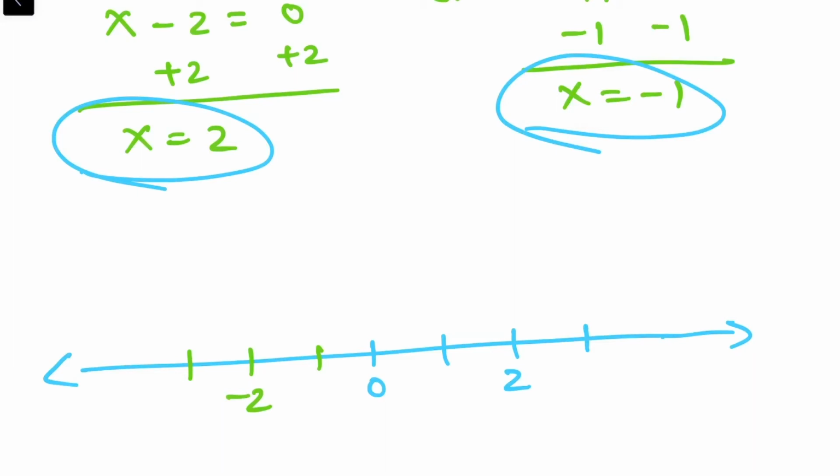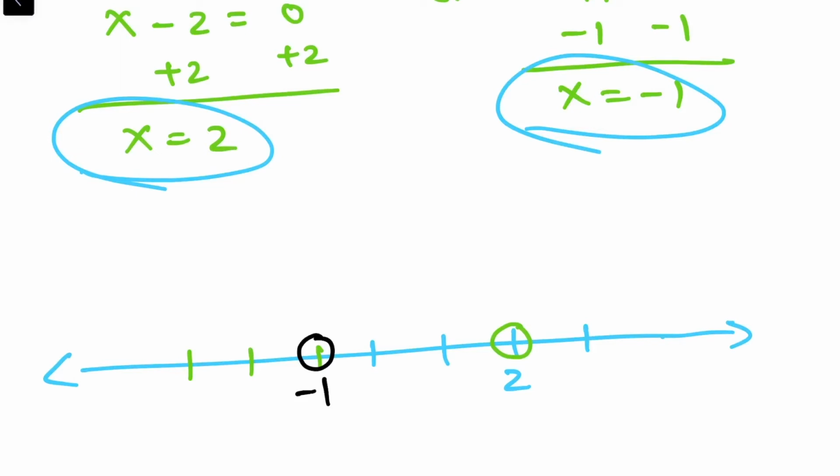All right, so now we have 2 and we have negative 1. Okay, 2 and negative 1. Let me get rid of other numbers so that I don't confuse you. So negative 1 and 2. Okay, let me get rid of that 0. I don't want to confuse anyone.